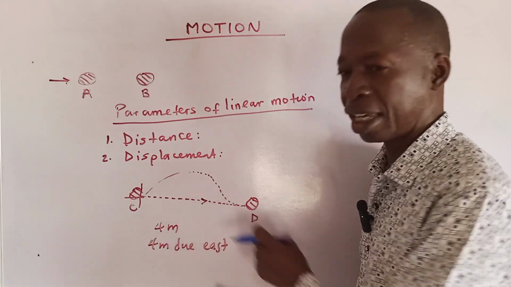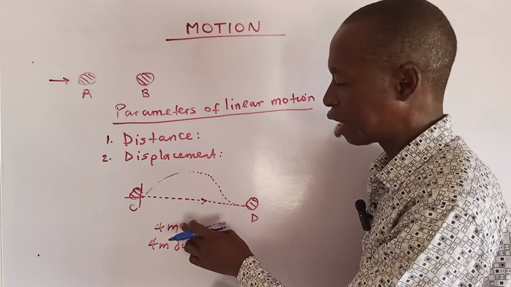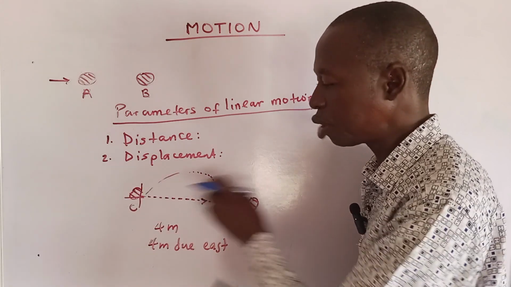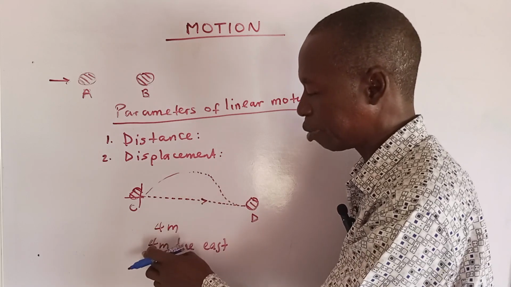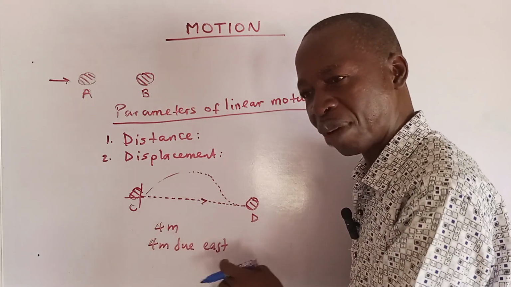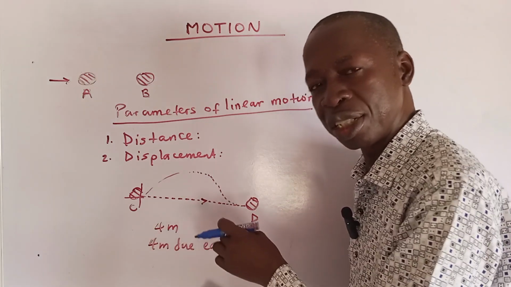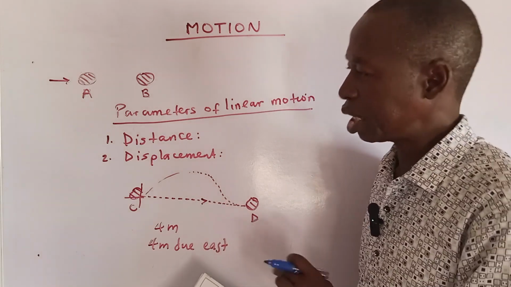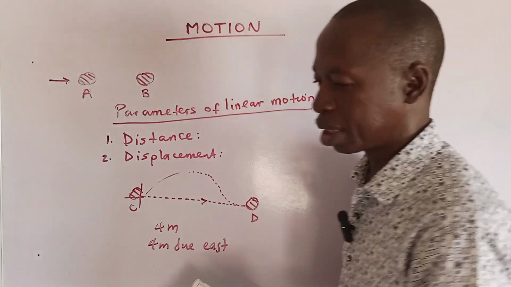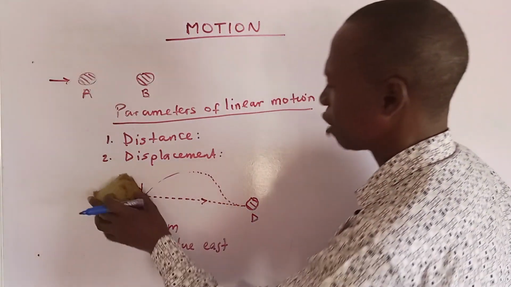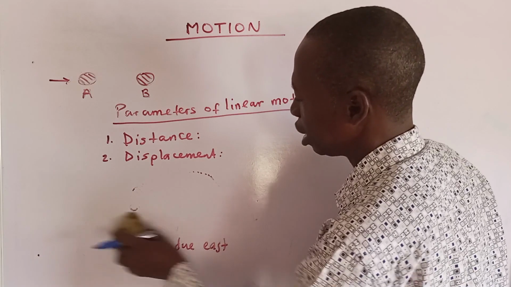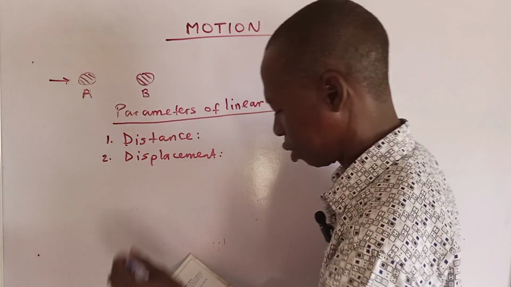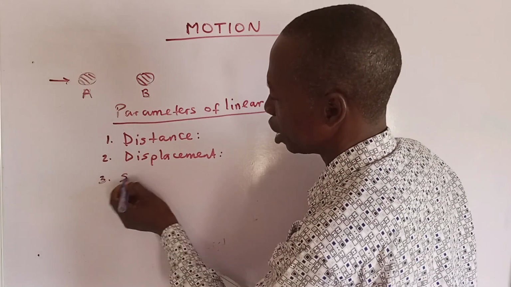This is distance. Distance just measures the amount of space between two points, but displacement measures that amount of space while considering the direction in which the measurement is taken. So that's displacement. Now let's look at the next parameter of linear motion, and that is speed.